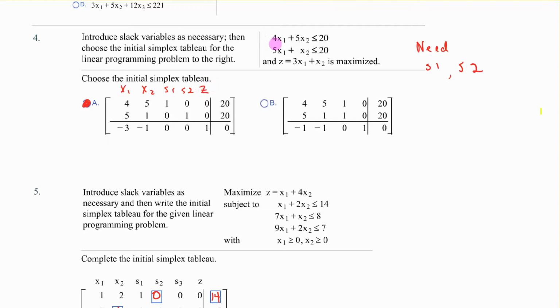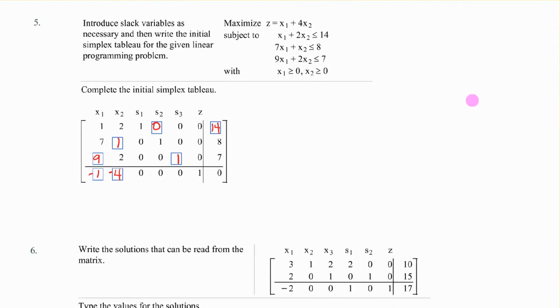So you've got 4, 5, 1, 0, 0, 20. Then 5, 1, 0, 1, 0, and 20. We move everything over, so z minus 3x1 minus x2 equals 0. So we've got -3, -1, 0, 0, 1z, and 0 on the right. That makes sense, so it is this one.